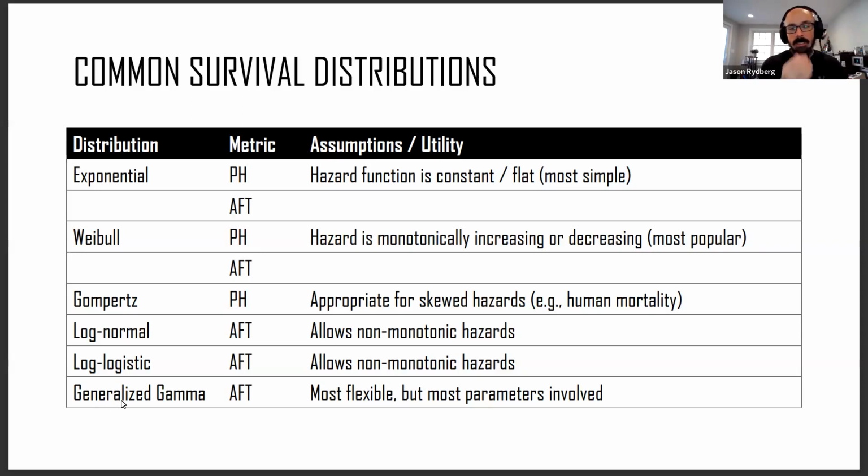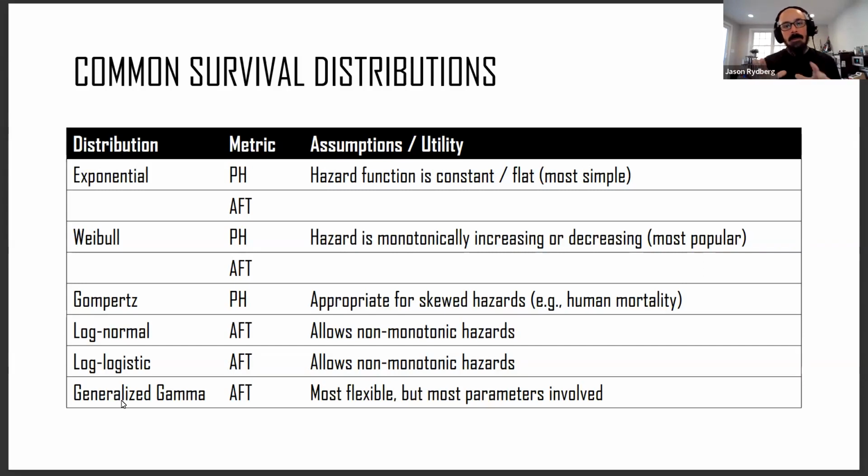And then the generalized gamma is an extension of the Weibull that just adds another parameter.